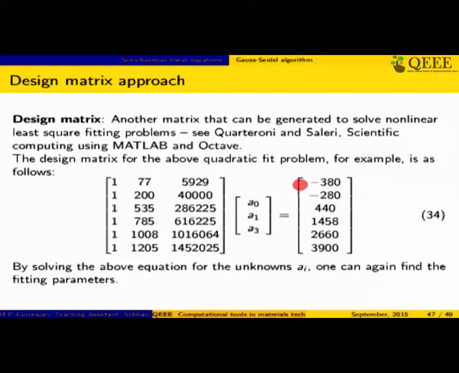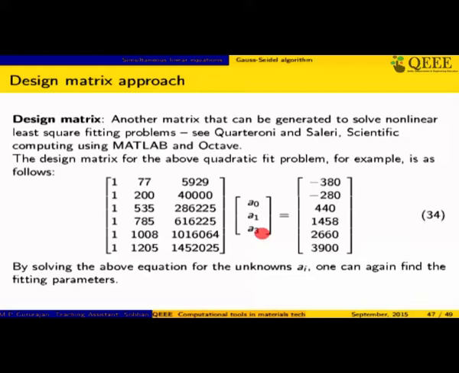And if you look at a textbook like Scientific Computing with MATLAB and Octave by Quarteroni and Saleri, they will show you that solving this equation and getting A0, A1, A2 is basically equivalent to doing nonlinear least squares fitting. Okay.